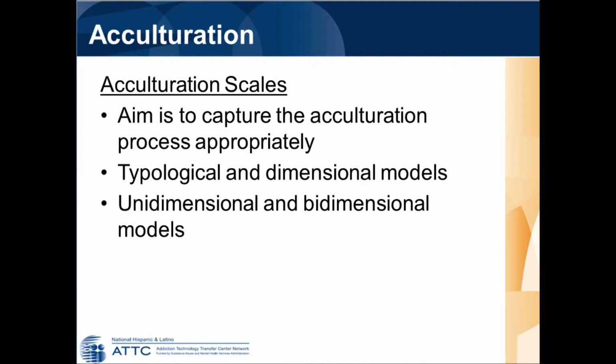And again, there's different models, but when we're talking about measuring more than one dimension, we start talking about being able to see how much more information we can capture to see how much somebody is acculturated or not. And again, how do we determine acculturation?